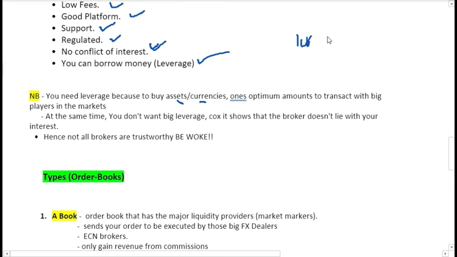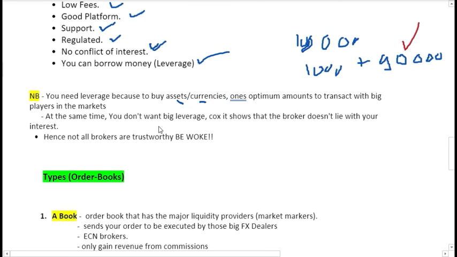You as a retail trader can't find this 100,000, right? So they say deposit 1,000 and they will give you 90, they will leverage this 90,000 to you, right? So a good broker should give you this, right?